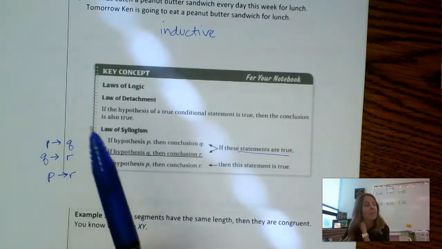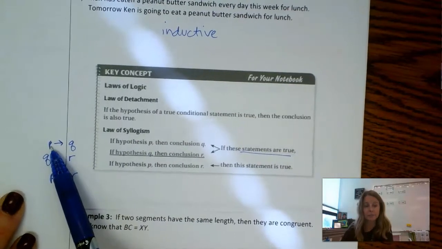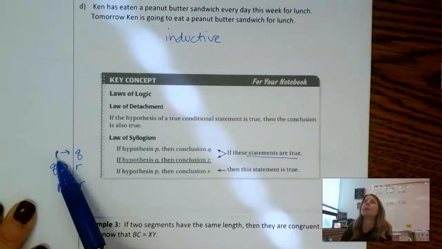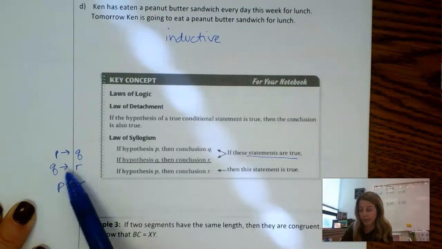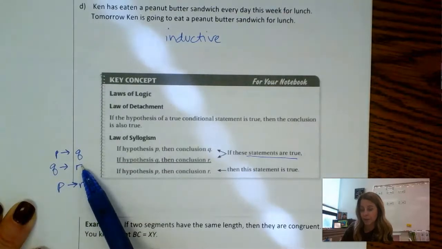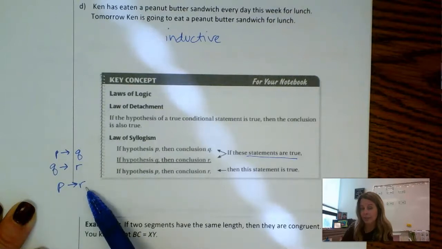Here's an example. If today is Monday, then I will go to school. If I go to school, then I have a good day. So the concluding sentence would be, if today is Monday, then I have a good day.